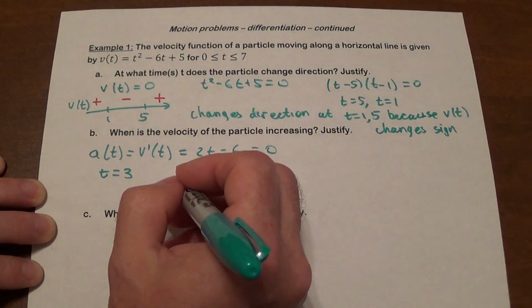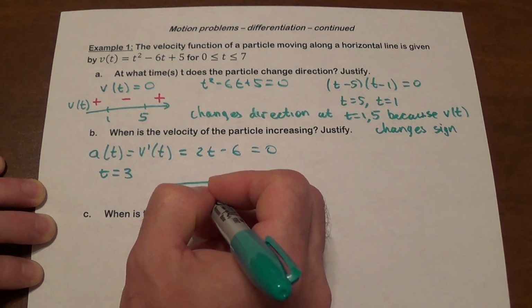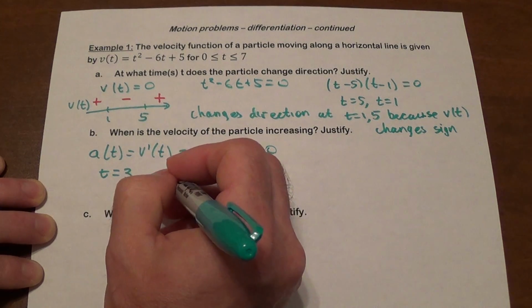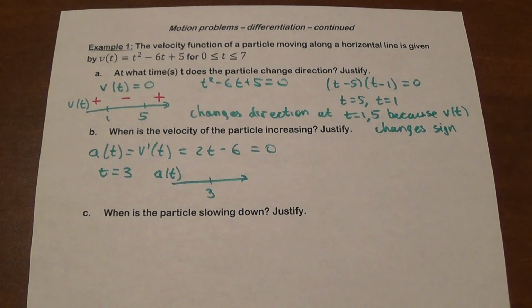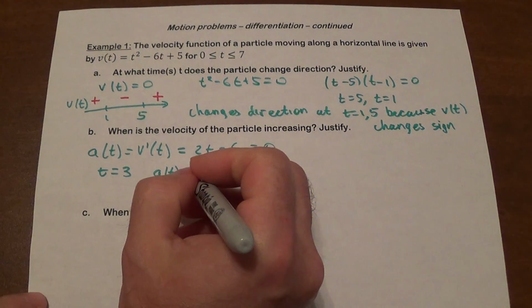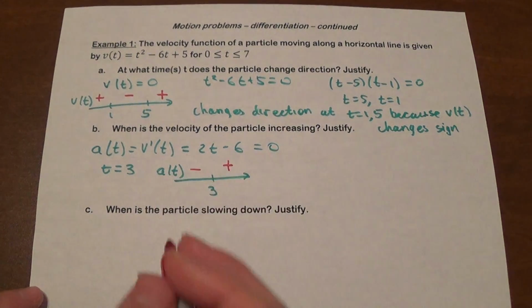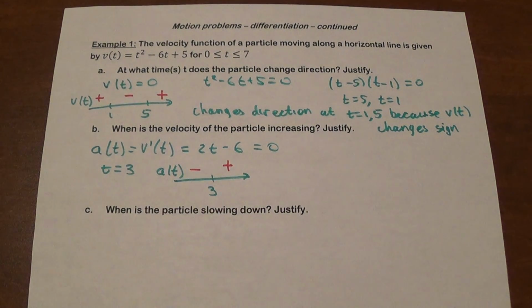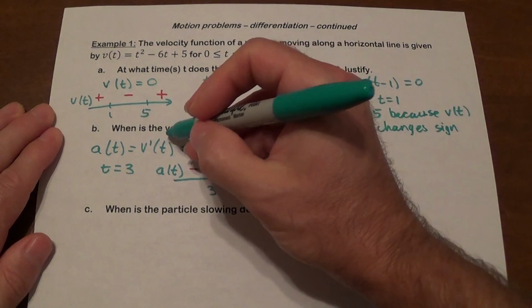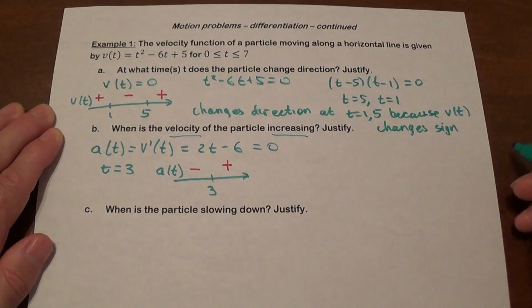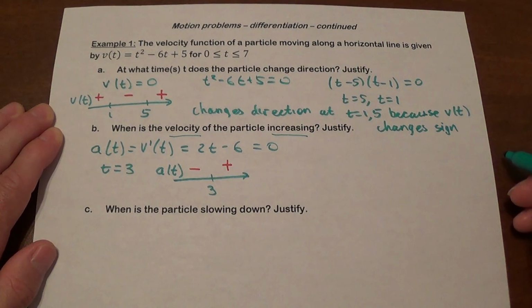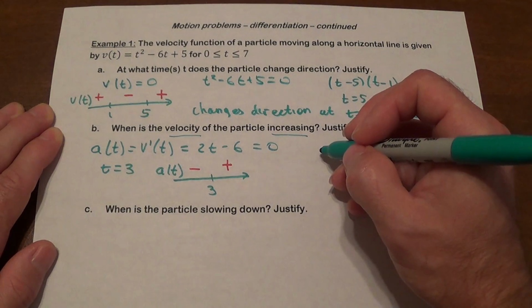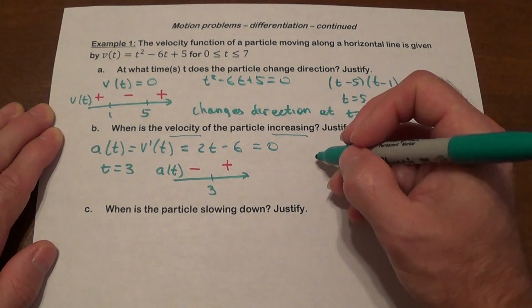So what we need to do is make a sign chart again. Put 3 here. This is the acceleration. And check the signs. You will have a negative sign here and a positive sign here. So we're looking for the velocity to be increasing, and we want the acceleration to be positive from 3 to 7.